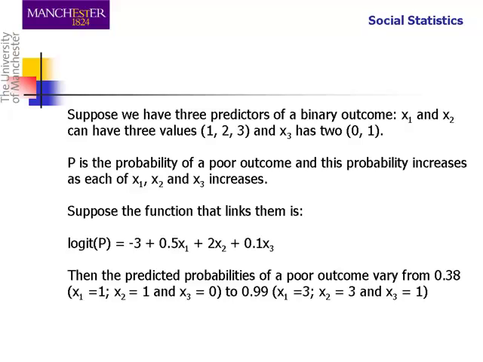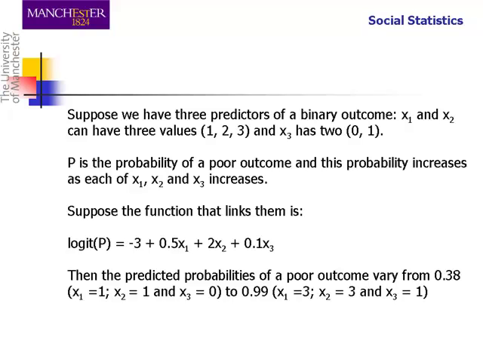And we're going to assume that the function that limits them is this function which we might have estimated using logistic regression. So we're just going to say that on the left-hand side, we've got the logit of p, and this is our function. So it's minus 3 plus 0.5 x1 plus 2x2 plus 0.5.